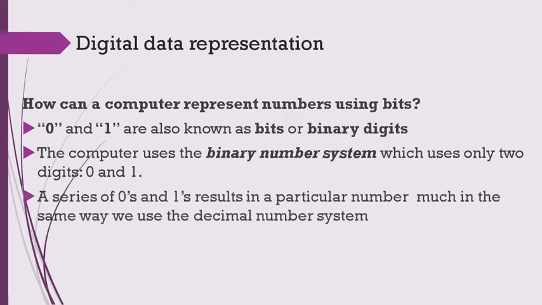Next, a series of zeros and ones results in a particular number, much in the same way we use the decimal number system. Later on, I will show you how to convert binary to different types of number systems. But just to give you an idea, 1 byte is equivalent to 8 bits.